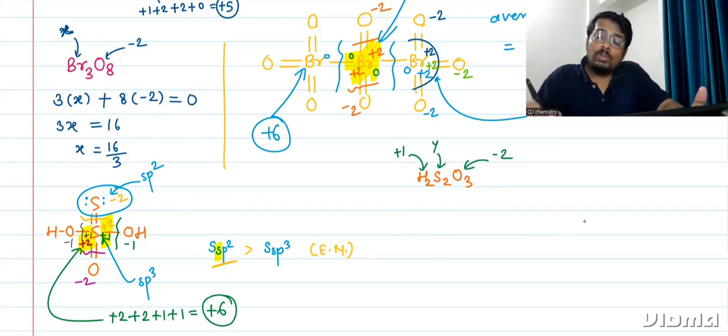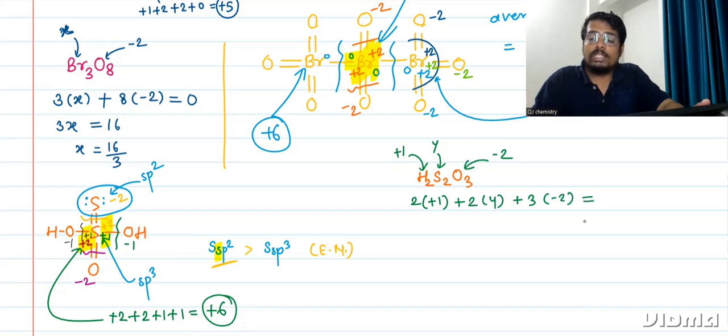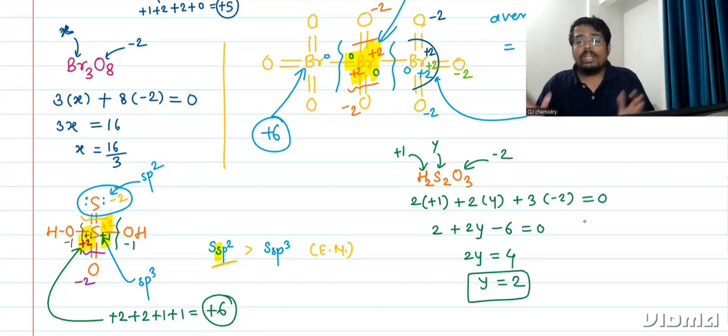So for 2 hydrogen atoms, 2 into plus 1, plus 2 sulfur atoms, 2 into Y, plus 3 oxygen atoms, 3 into minus 2. The total charge is equal to 0, since no charge is given. Now let us calculate its value. 2 plus 2Y minus 6 is equal to 0. So 2Y is equal to 4, Y is equal to 2. So 2 is the average oxidation state of the sulfur atom.